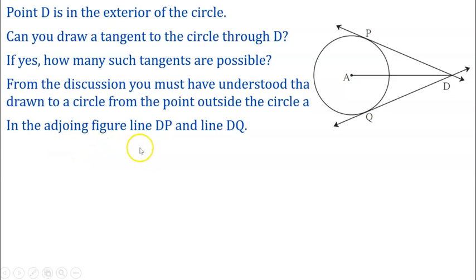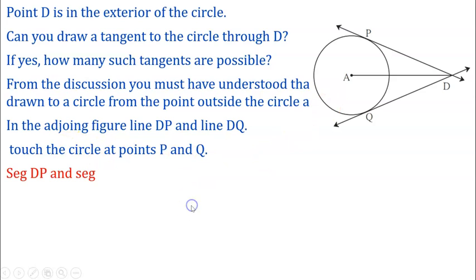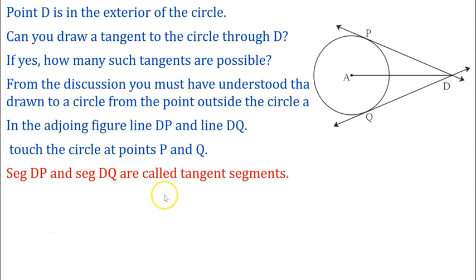Now in the adjoining figure, line DP and line DQ touch the circle at points P and Q, and therefore segment DP and segment DQ are called tangent segments.